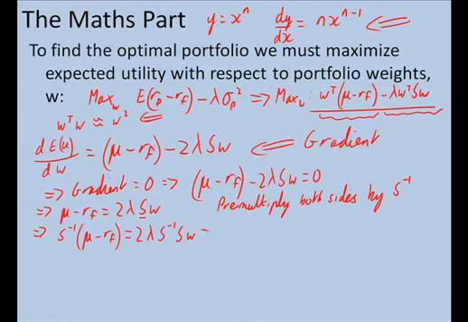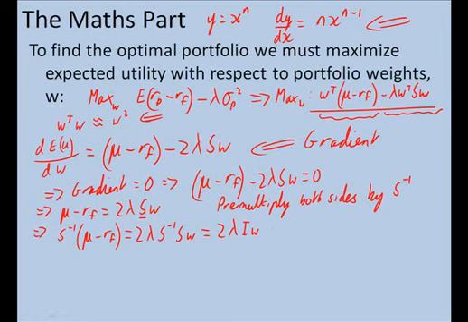What do we know though? We know that S inverse times S is equal to the identity matrix. So we get 2 lambda I times W. What do we know about I times W, where I is the identity matrix?